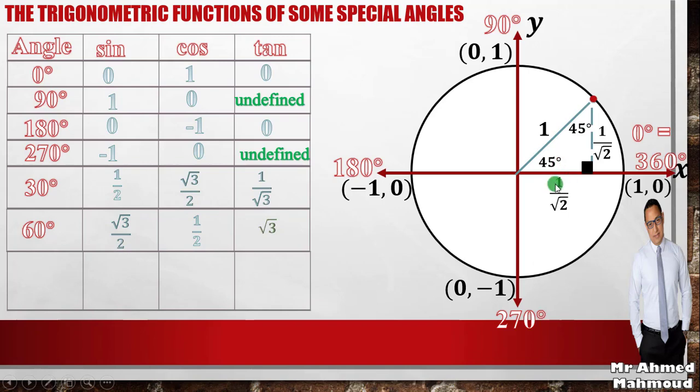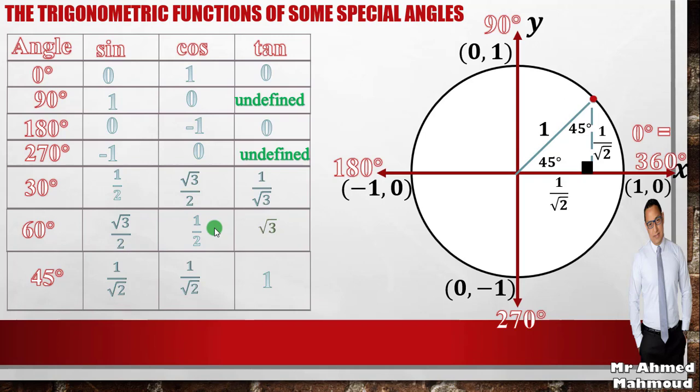Sine 45 is opposite over hypotenuse, equal to 1 over root 2. Cosine also equals 1 over root 2. Tan equals 1 over root 2 divided by 1 over root 2, which equals 1. Now these are the main trigonometric functions for 0, 90, 180, 270, 30, 60 and 45.